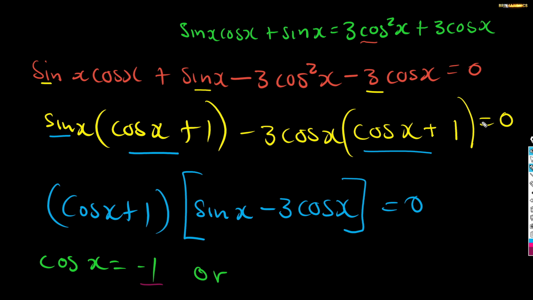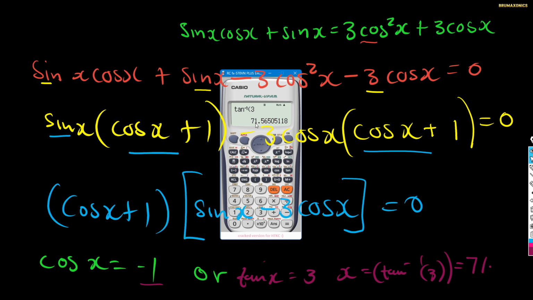So that was the tan x, which is equal to 3, and x as an angle, remember, can be something like tan inverse of 3, and that gave us 71 comma 56 and 5.